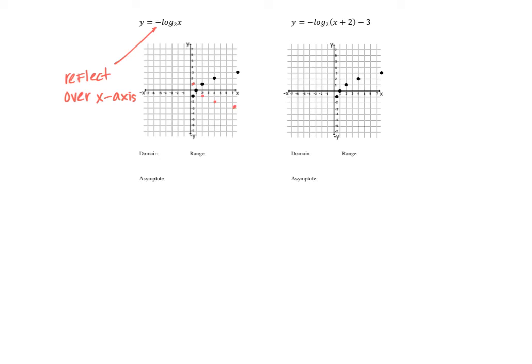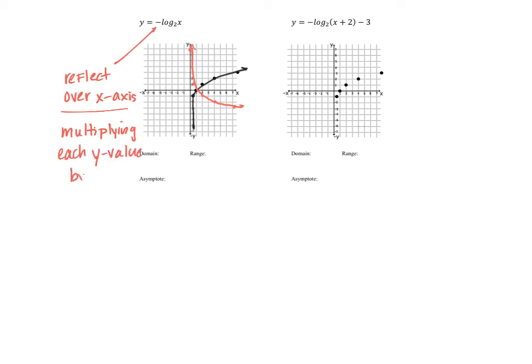So my original points gave me a logarithmic curve that looked like that. My new ordered pairs, you can see the reflection over that x-axis. Now, if you need to show an XY table to give you a little bit more clarity in terms of what's happening, what you're doing there is, because you're reflecting it over the x-axis, you are basically multiplying each y value by -1.